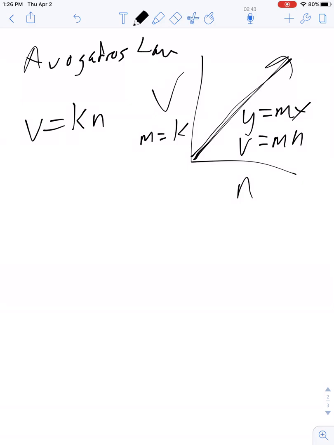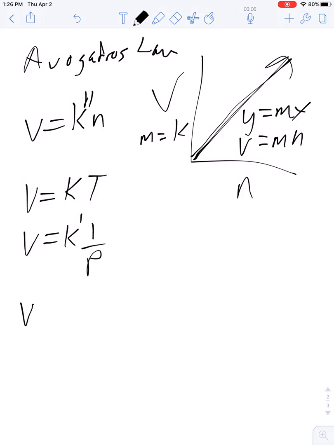So I'm going to put two tallies there to show that it's different than the other constants. So now I've got three equations. I've got V equals kT, V equals k prime over 1 over P, and I've got V equals k double prime n.